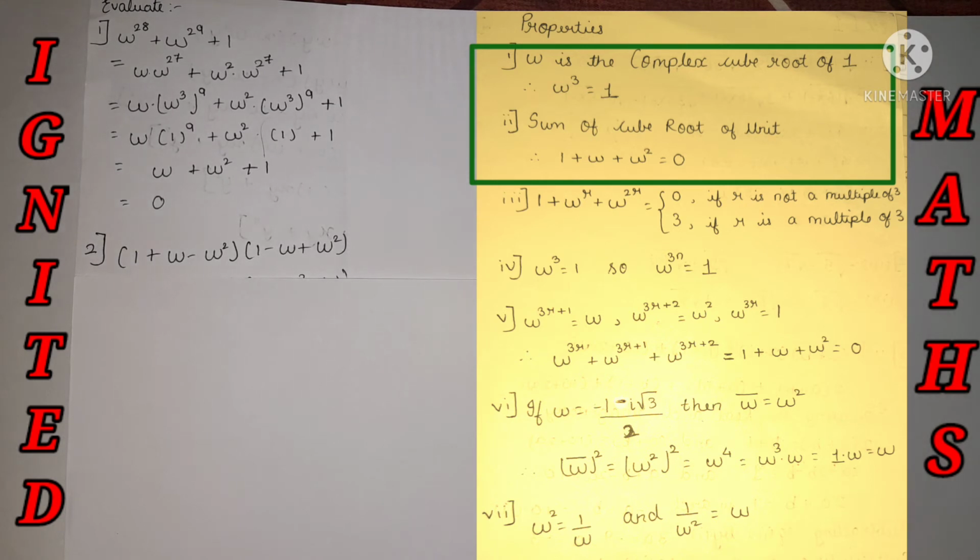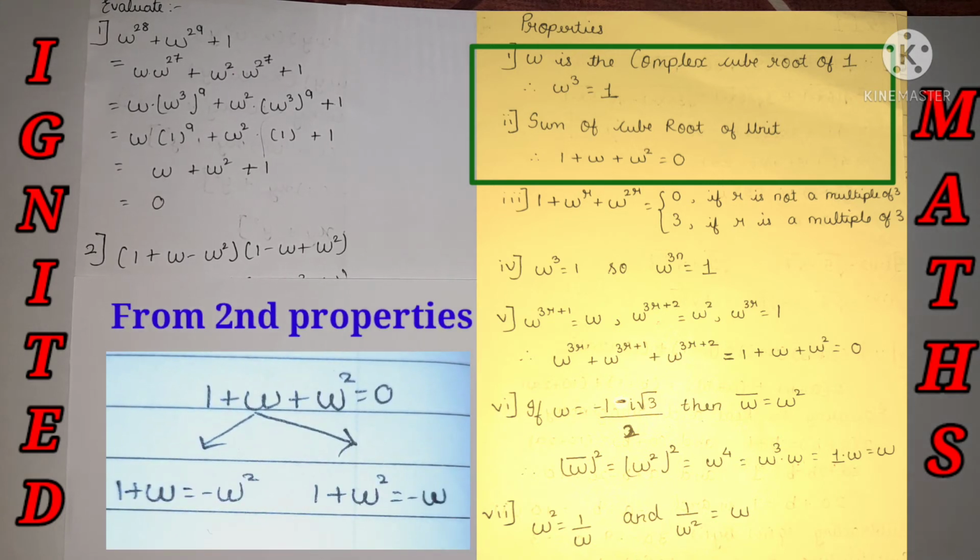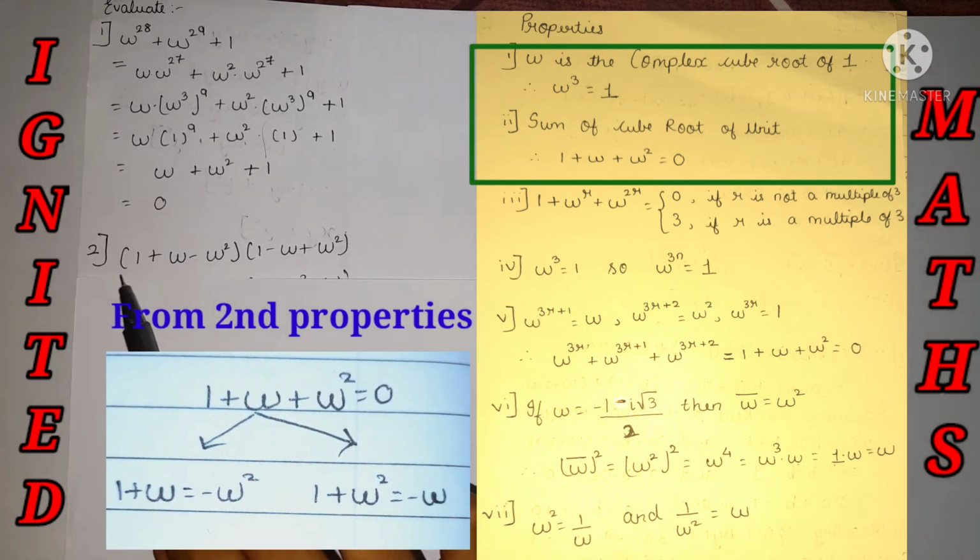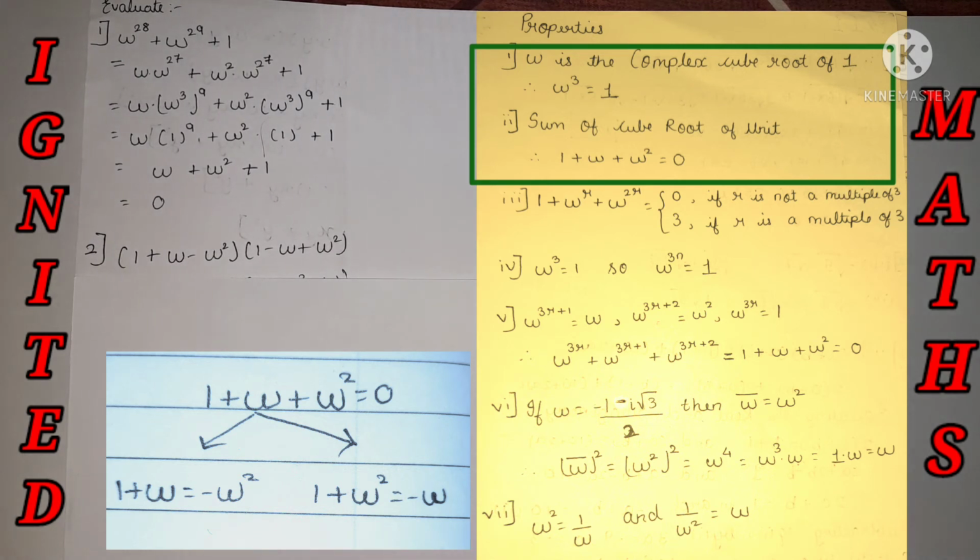The first question that will occur is, is there any relation between this property and this question? Absolutely right. So I'm going to do such a calculation in which I'm going to find the value of this sum in a fraction of a second, in the simplest way. 1 plus omega is equal to minus omega square, from the given property, and one more: 1 plus omega square is equal to minus omega.